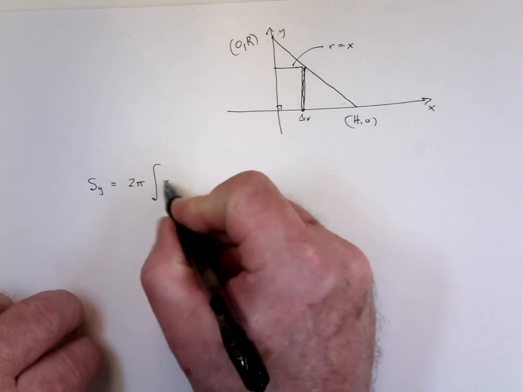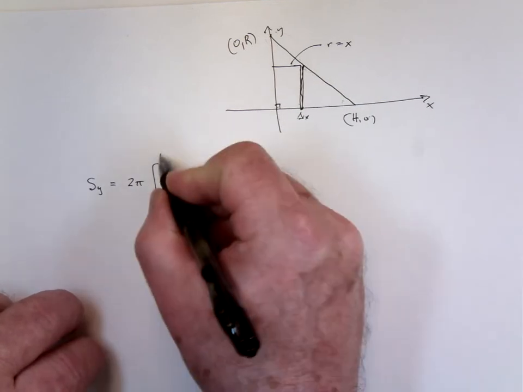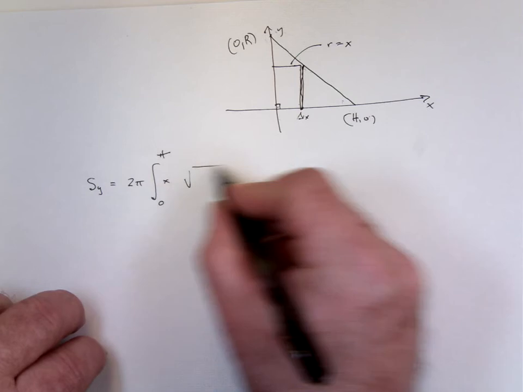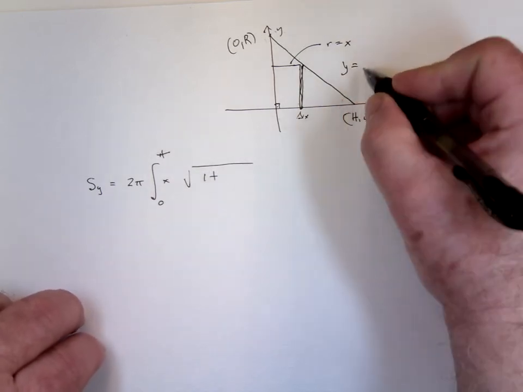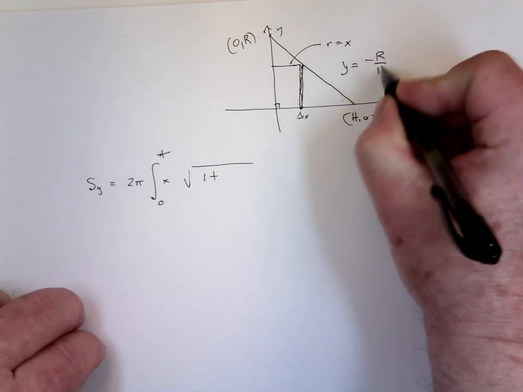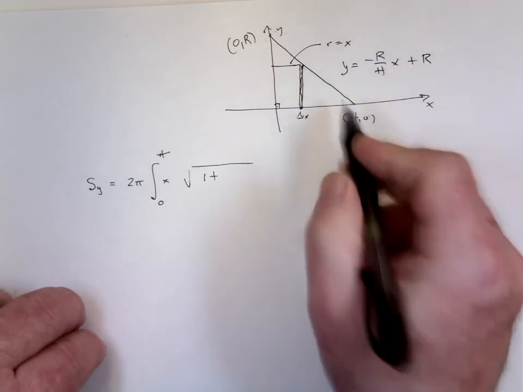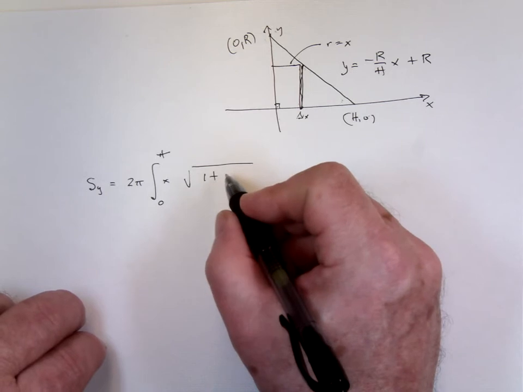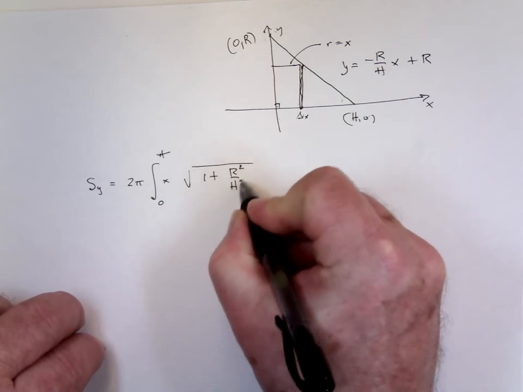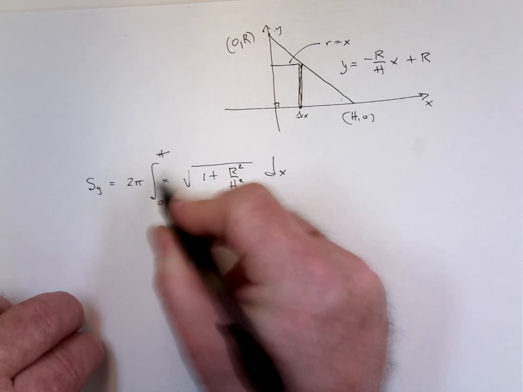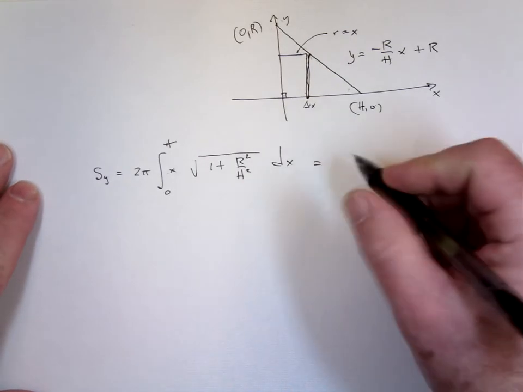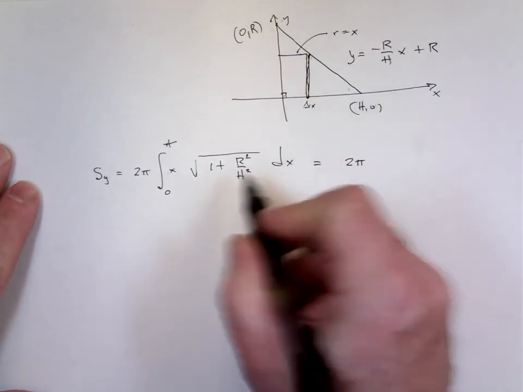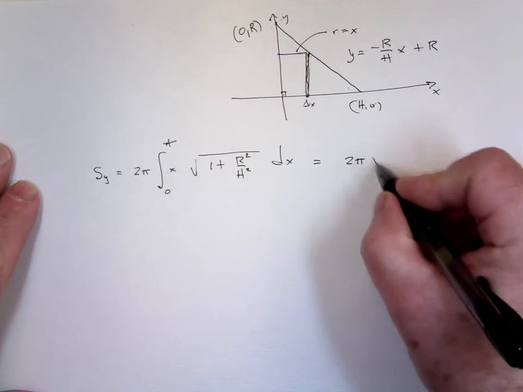Square root of 1 plus the derivative squared. Well, we had that. That function was negative r over h x plus r. The derivative is still negative r over h, squared, dx. The only difference is this x now is the radius instead of the function itself that we had before. So we get 2 pi, and again, I'm going to take the constant square root of h squared plus r squared over h.